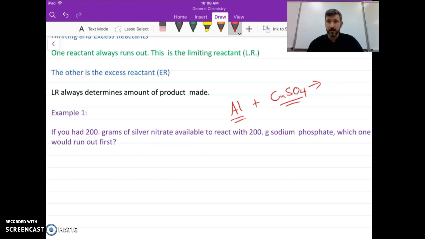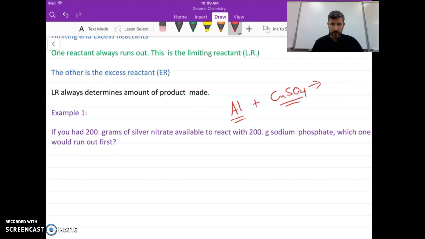The one that got used up stopped the reaction. If you remember back to the lab, did the reaction stop because you didn't have any aluminum foil left? Or did it stop because you didn't have any more of the blue copper 2 sulfate? You could visually see which one ran out, but you can also calculate which one should have run out, and you should come to the same conclusion. But I'm going to let you finish answering the questions from the lab on your own.